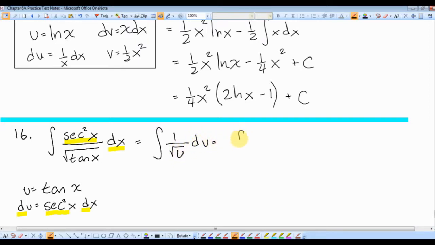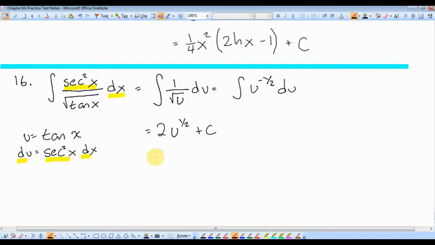I'm sure you know that that's equal to the antiderivative of u to the negative 1/2 du, which is 2 u to the 1/2 plus constant by the general power rule, which is 2 square root of tangent x. Wow, that one was easy.